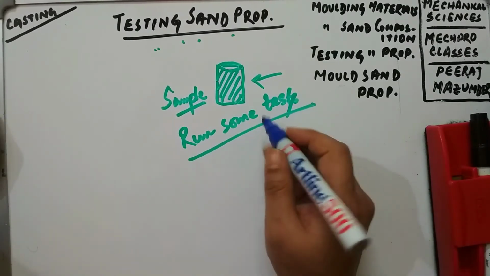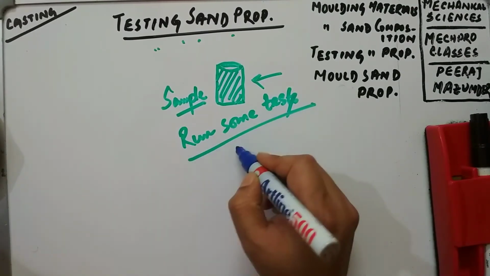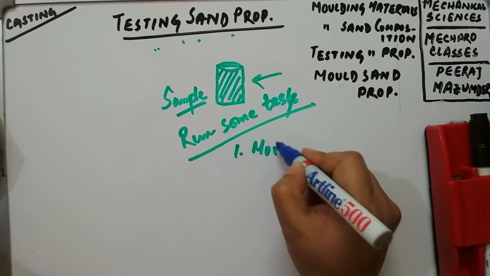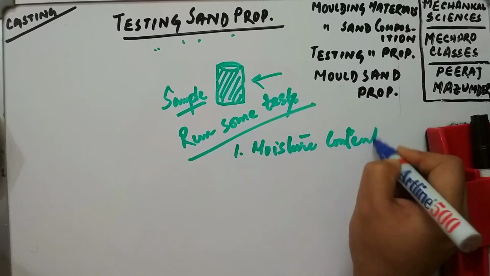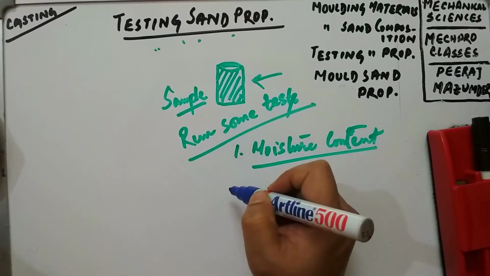Now, the first and most important one is your moisture content. We have to test whether the moisture content of this particular sample is up to the mark or not.